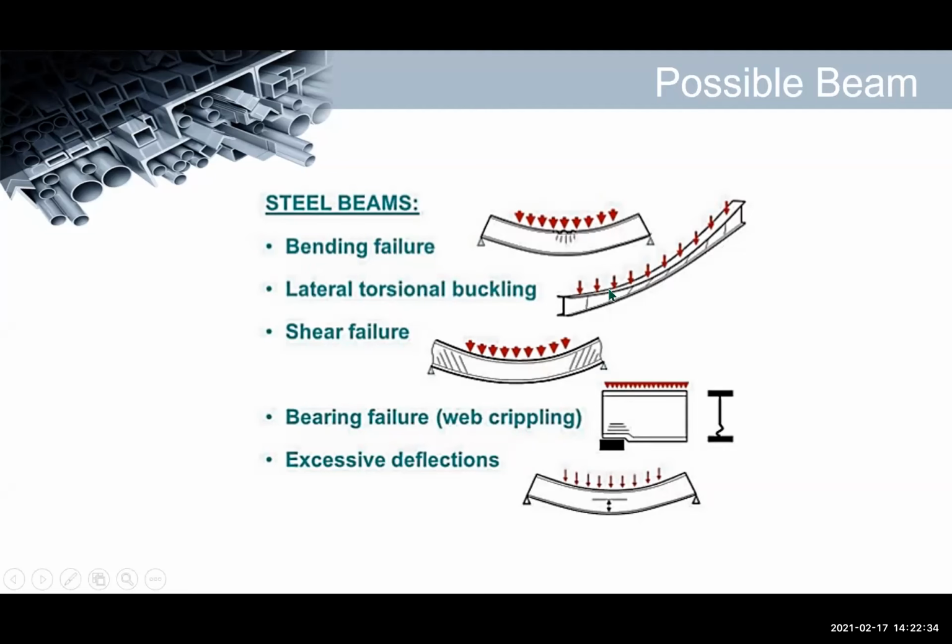Ang failure is yung nasa web part. Then, shear failure, andito sa may support. Then, bearing failure or web crippling, if mananotice nyo, dito tayo sa cross-section, nagkaroon ng deformation yung web part ng I section.